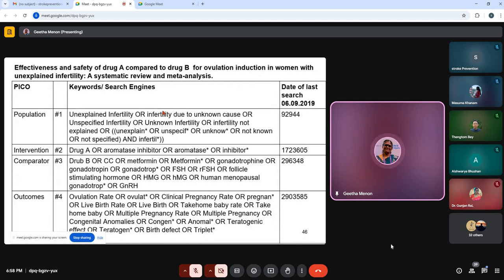So suppose there is a question on the effectiveness and safety of drug A compared to drug B, I'm not naming these drugs, for ovulation induction in women with unexplained infertility. We are doing a systematic review to compare drug A and drug B. So the population would be women with unexplained infertility. You have to write women, and unexplained infertility.